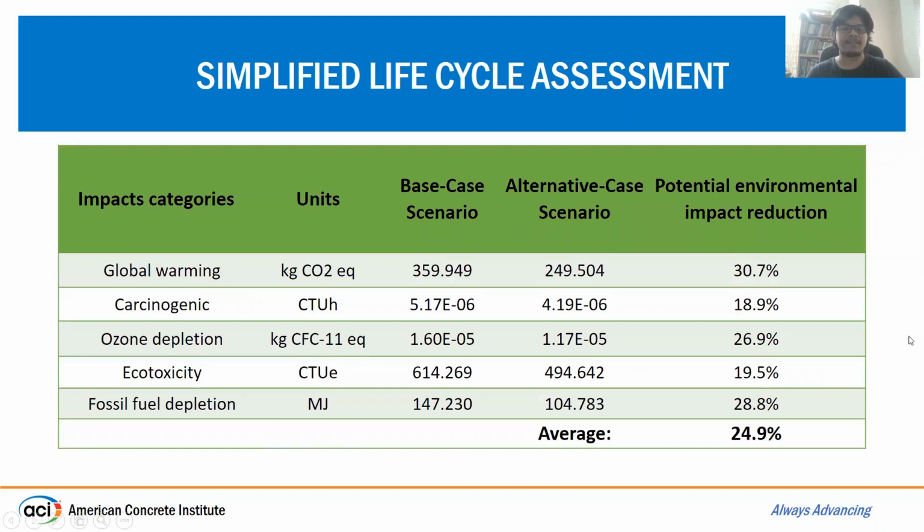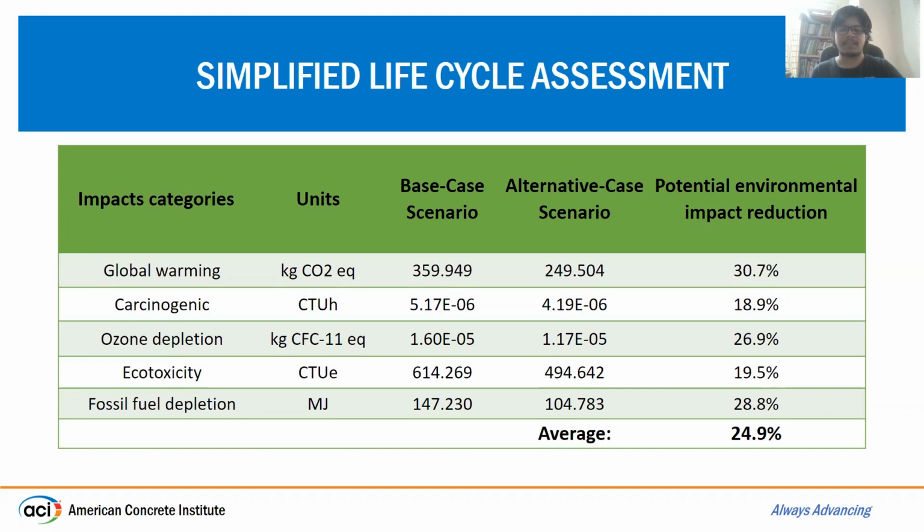Here we can see the impact categories we have already discussed, and the base case and alternative case scenario results. In global warming, we have a 30.7% potential environmental impact reduction. In the carcinogenic section, our alternative case scenario improved by 18.9%. In ozone depletion, we improved by 26.9% over our base case scenario.